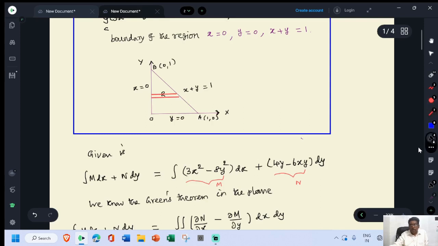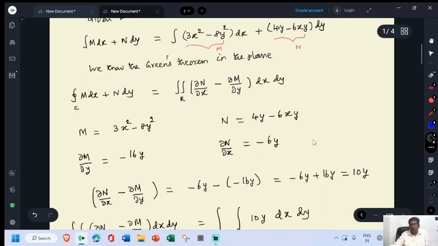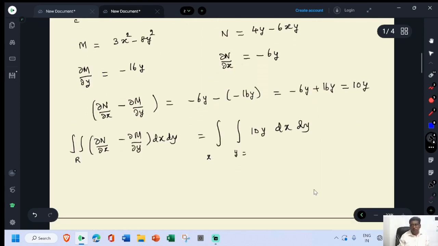Now the strip starts from the x = 0 equation and ends at the x + y = 1 equation. Therefore, the lower limit is x = 0 and the upper limit is x = 1 − y. But along the x-axis the value of y = 0, so the upper limit is 1. Therefore, the lower limit of x is 0 and the upper limit is 1.